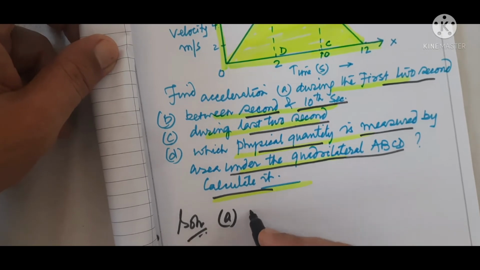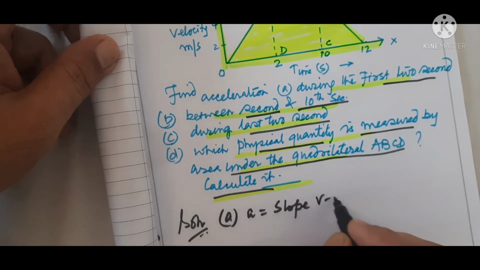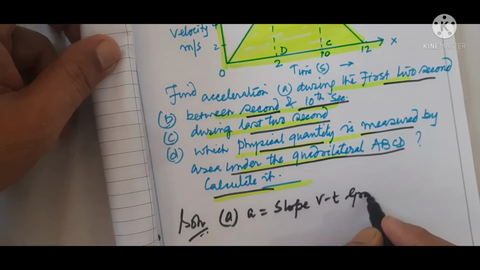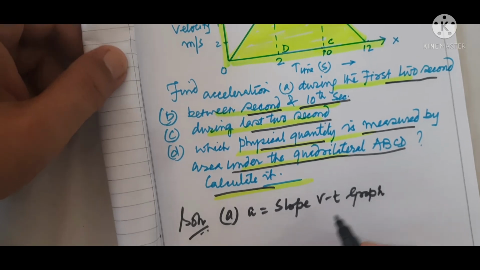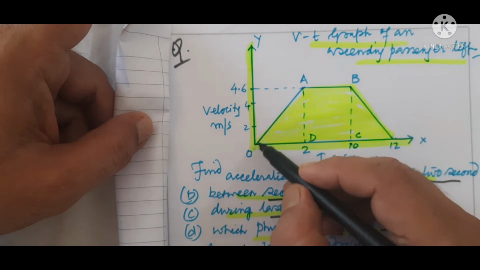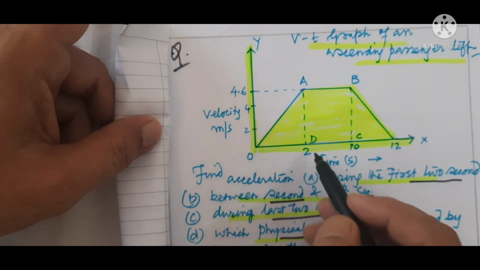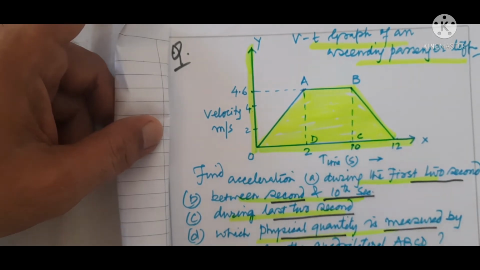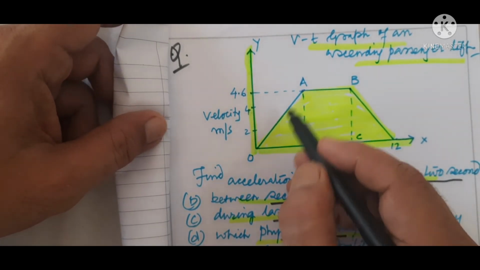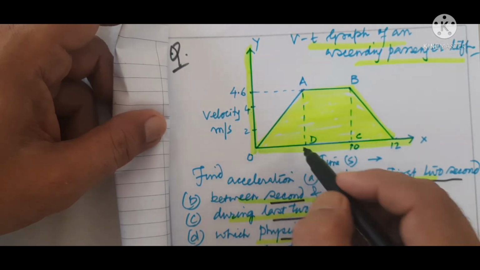So a is equal to, we have to find the slope of the VT graph. For this graph between the first 2 seconds, the slope means P by B. Here uniform acceleration is there, so we can take the whole of this by this.